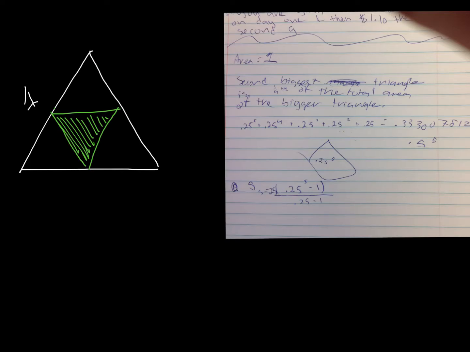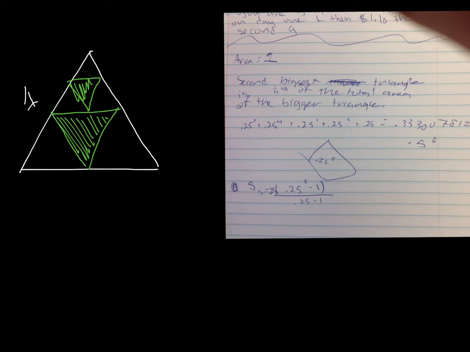Now what you'll realize is if you look at this triangle here, it is the same as this triangle here, and the next shaded triangle is going to be 1/4 of this triangle. So since this triangle and this triangle are the same, the second smallest shaded triangle is going to be 1/4 of my first shaded triangle.